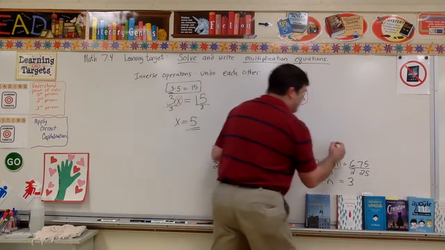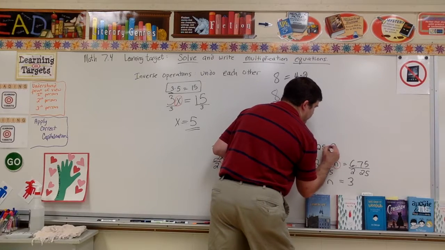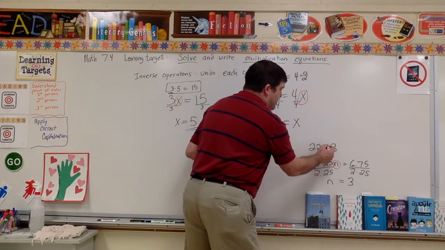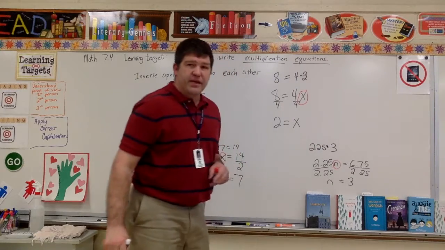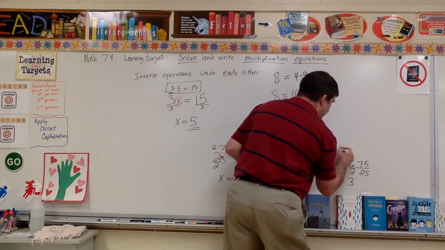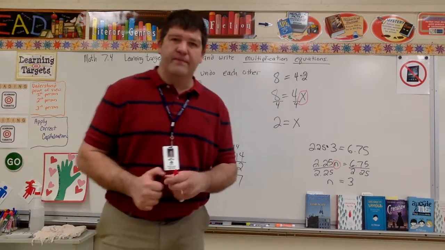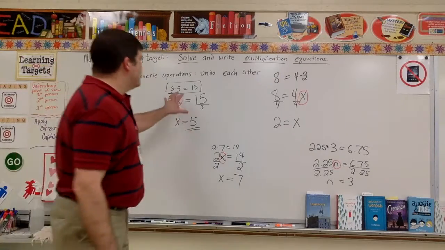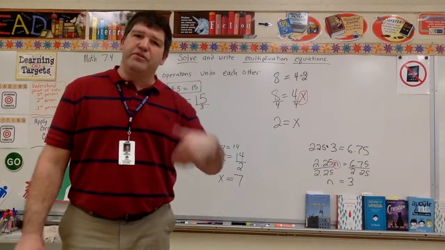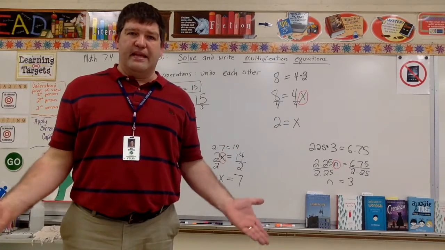So n equals 3. I can check it though. 2.25 times 3 equals 6.75, which is what I need. So n is 3. So when it's multiplied by something, you do the inverse operation, you divide it. You have to divide each side by the same number.